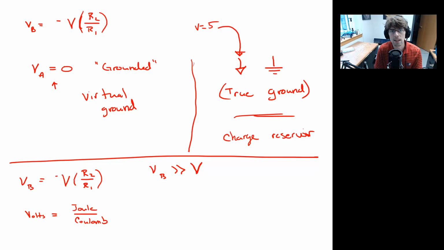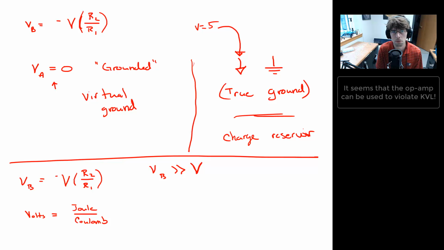A different way to say it is you could end up with more energy per unit charge than what you started out with. How do we correct this idea? It's like if I hook an op amp into a circuit, I get free energy. No, you know that's not right. Something's goofy here.